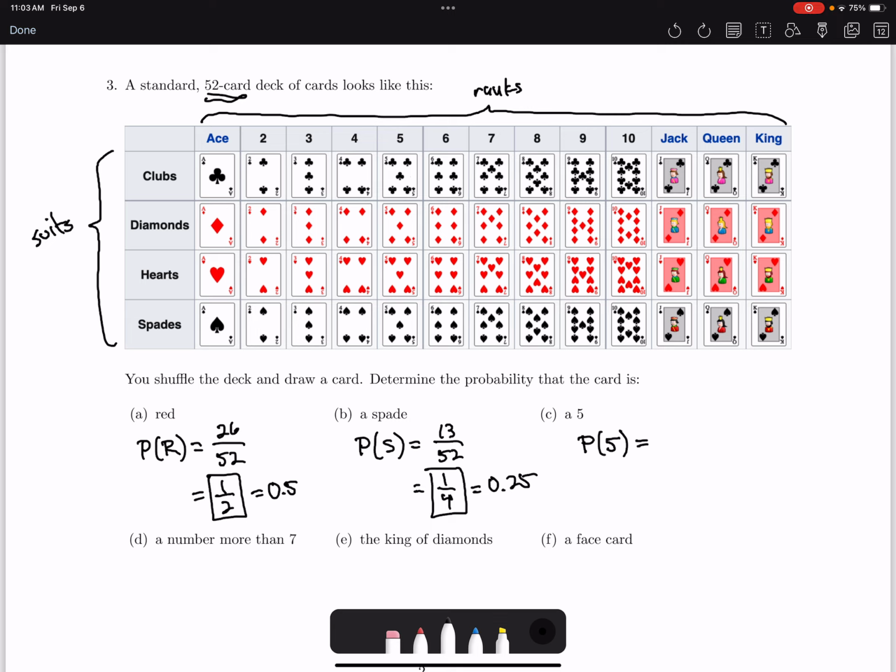So that would be 4 out of 52. 4 out of 52 reduces to 1/13. I can't do the decimal part in my head, though, so let me type it into my calculator. We'll round this to 4 decimal places. So to 4 decimal places, this is approximately 0.0769.